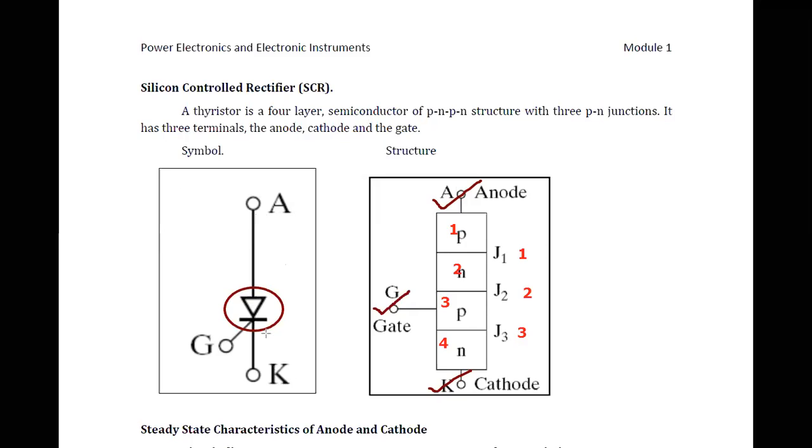The only difference is one extra terminal denoted by the letter G, which is called the gate. This is how the power semiconductor SCR is explained.